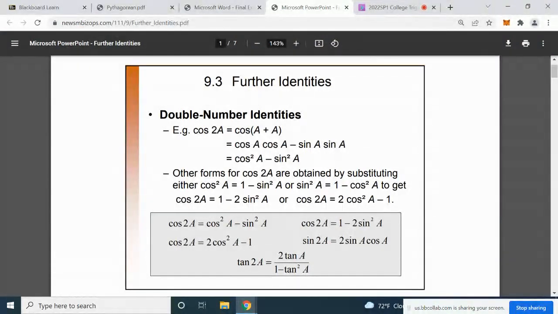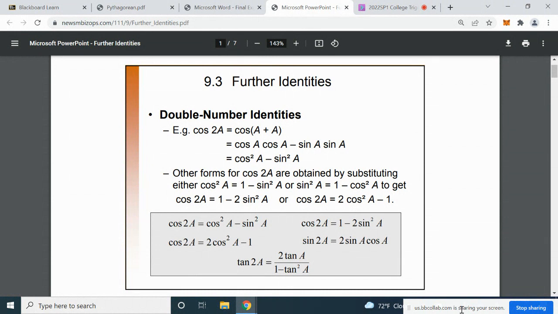That's actually what happens on the very first formula. So here, cosine squared A can be substituted with 1 minus sine squared A. Then you have a 1 and then negative sine squared A minus sine squared A, and that's where the negative 2 sine squared A comes in.